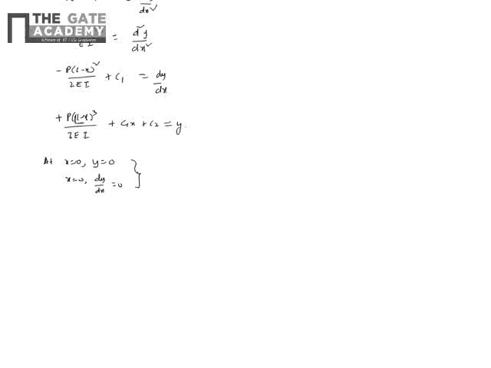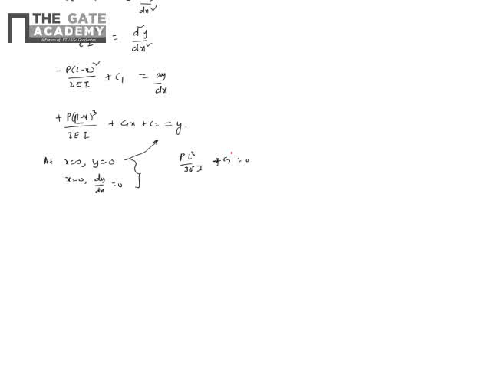Because it's a cantilever beam, when I put these two conditions, let's say the first condition here, at x equal to 0, y is 0, I get PL cube by 3EI plus c2 is equal to 0, the first equation.